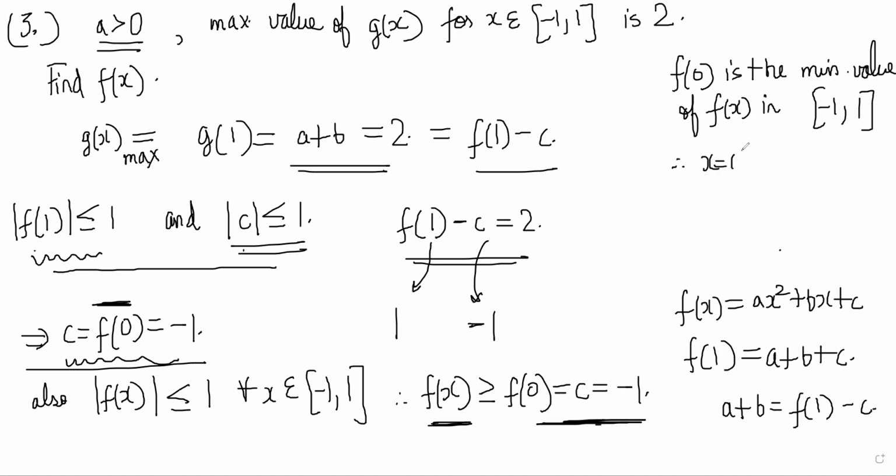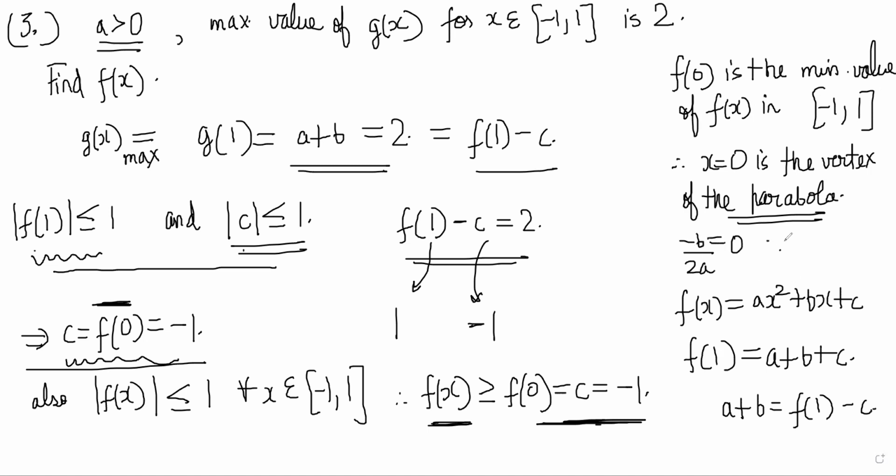Therefore, x is equal to 0 is the vertex of the graph of the parabola, right? If x is equal to 0 is the vertex, that means in the quadratic, minus b by 2a is equal to 0, which means b is 0, right? It means b is 0.